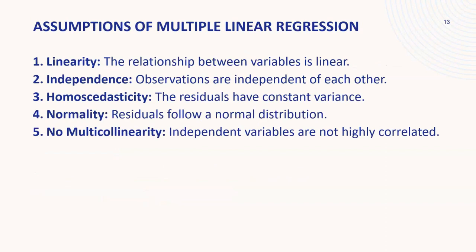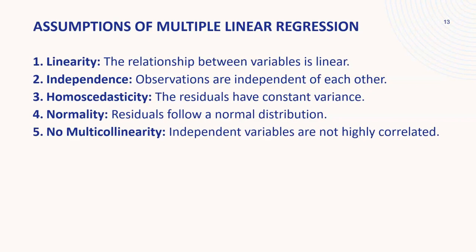Now let's discuss the different assumptions of the multiple linear regression model. The first assumption is that the relationship between the variables should be linear. Second, observations should be independent of each other, that is, they should not get influenced by each other. Third, the assumption of homoscedasticity, that is, the residuals should have constant variance, that is, there should be consistency in the residual terms or error terms.